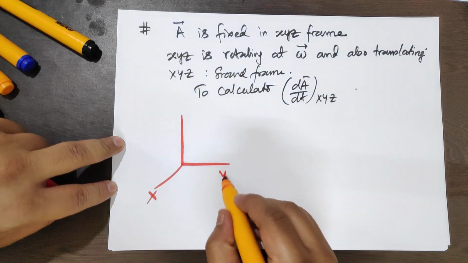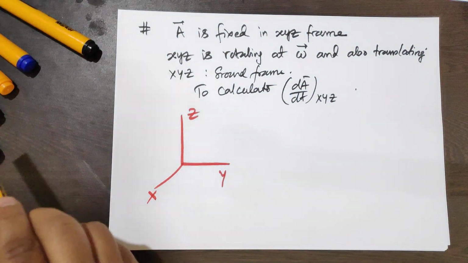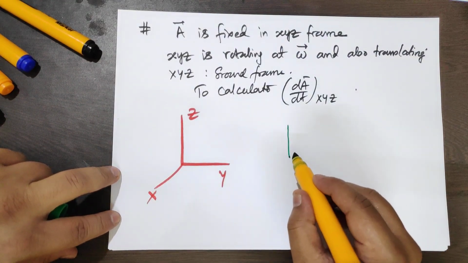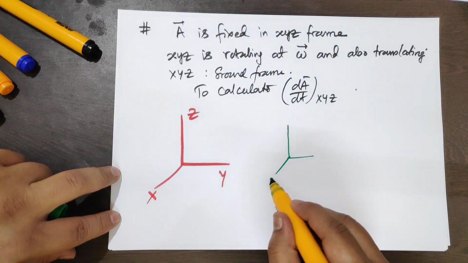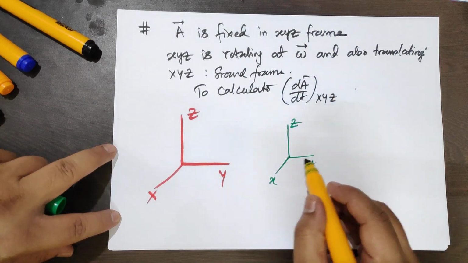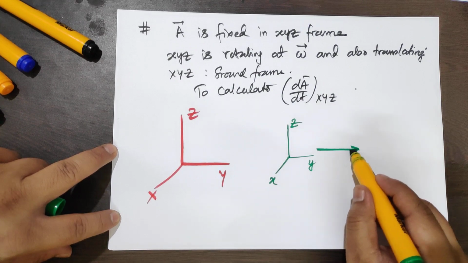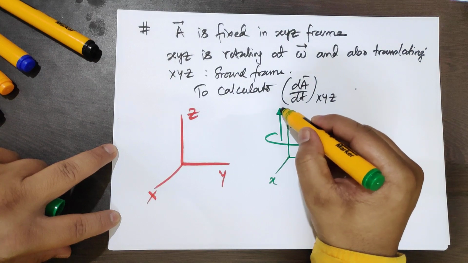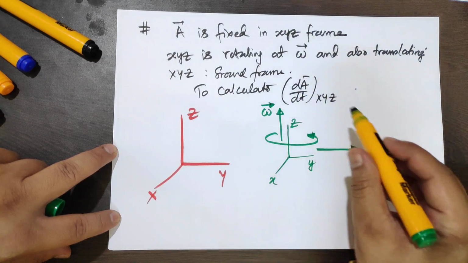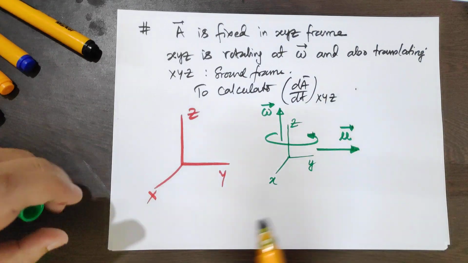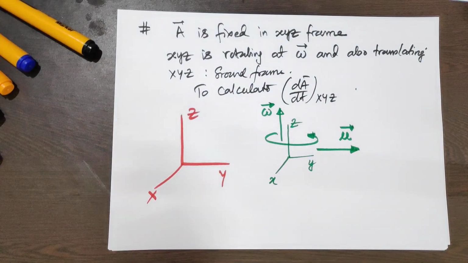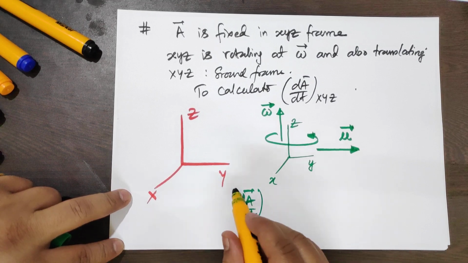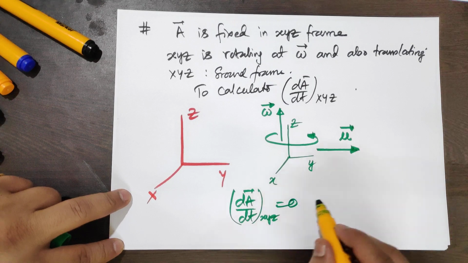Let's draw the capital XYZ, the ground frame, and this frame can be tilted also, doesn't matter. This small xyz is translating as well as rotating. So angular velocity is omega and say translating velocity is u, and A is fixed in the xyz frame, so dA dt with respect to small xyz is equal to 0.